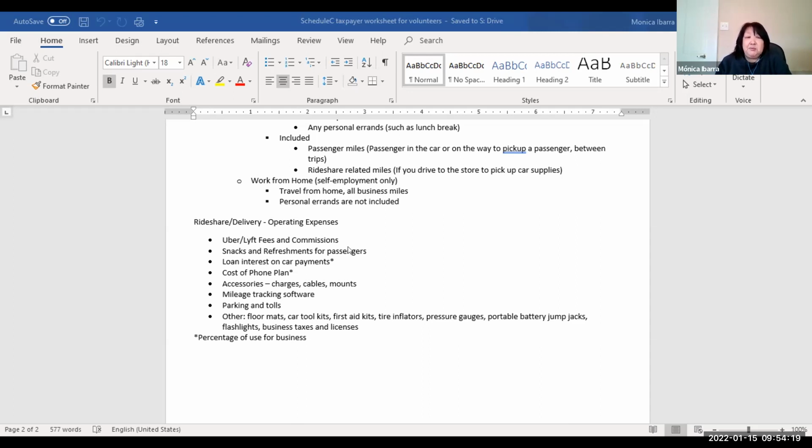You cannot be an Uber or Lyft driver without a phone. So that portion of your phone that you use for business is deductible. So again, if you use your phone 60% of the time to run your driving business, then you can deduct 60% of your phone plan. If it's 80%, then you can deduct that, just the percentage.